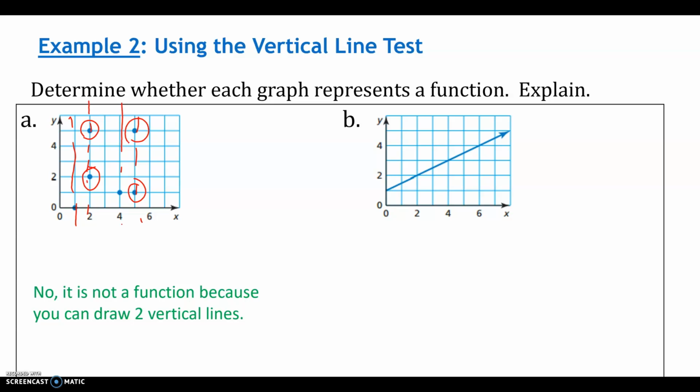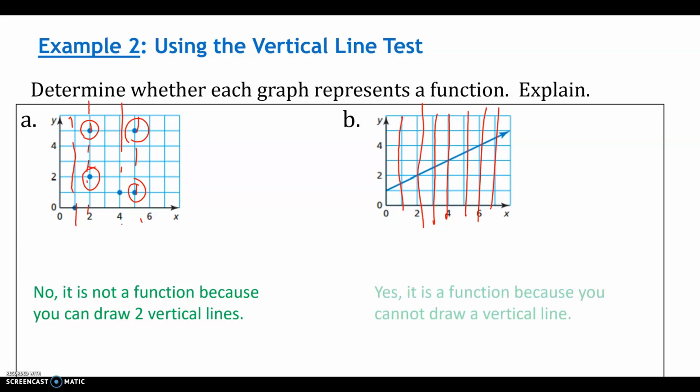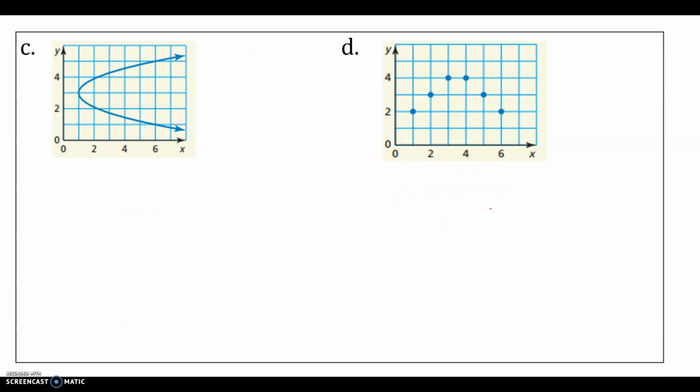Let's look at letter B. If I draw a line through every single one of these, oh, looks good. It didn't go through 2 points. So yes, it is a function because you cannot draw a vertical line that crosses two points. I have 2 more left. Let's look at this one. It's a sideways parabola. Oh no, look at all these lines.